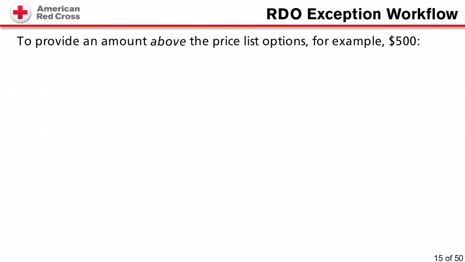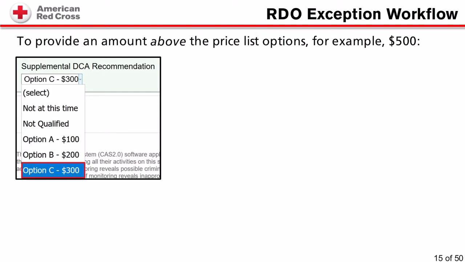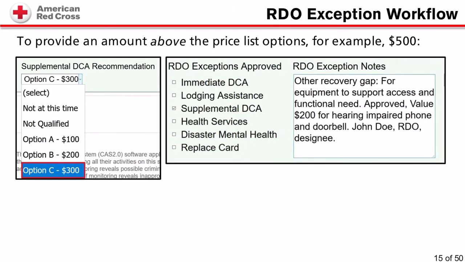For a rare RDO exception to provide an amount above the price list options, the supervisor may approve Supplemental C and then request a Regional Disaster Officer exception for the additional assistance needed to meet the gap. For example, the client has a need for $500. You may recommend Supplemental DCA Option C for $300.